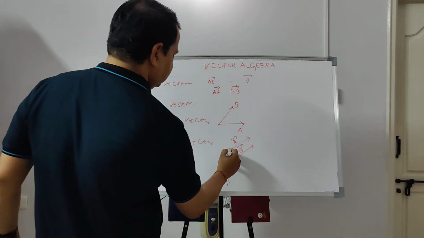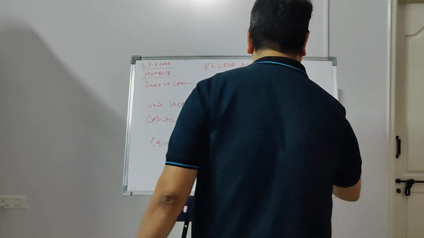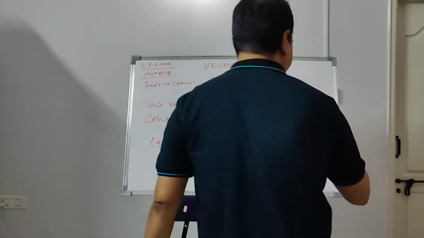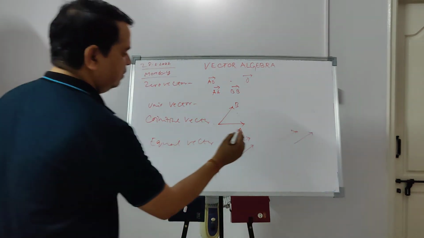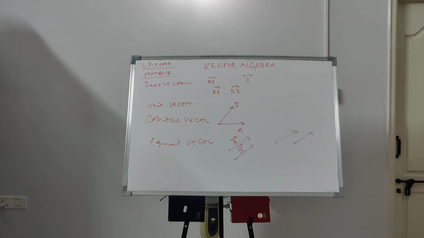So it's not necessary that it has to be at a particular place, wherever it may be. It can be here, it can be like this also, but it has to be parallel and it can start from any point, it does not matter. But if the magnitude and direction are the same, they are equal vectors.